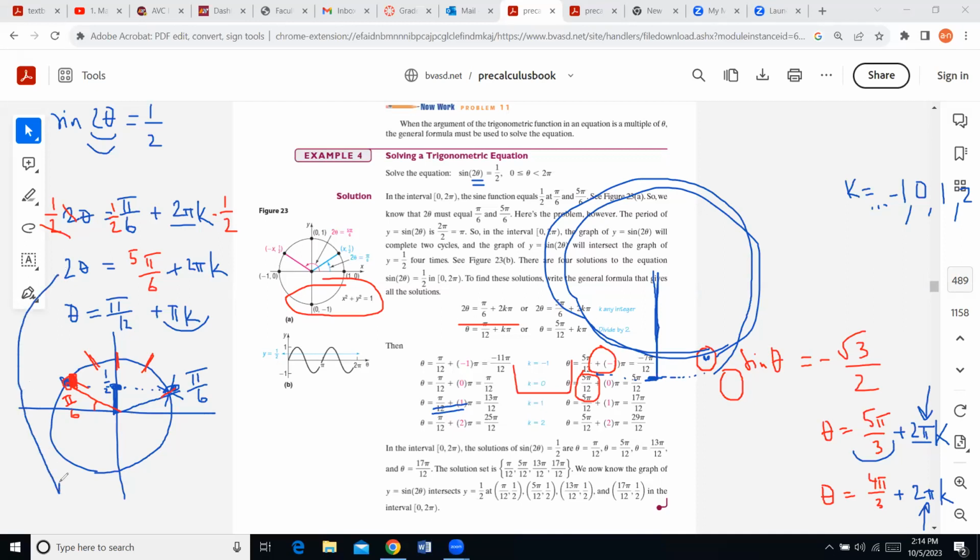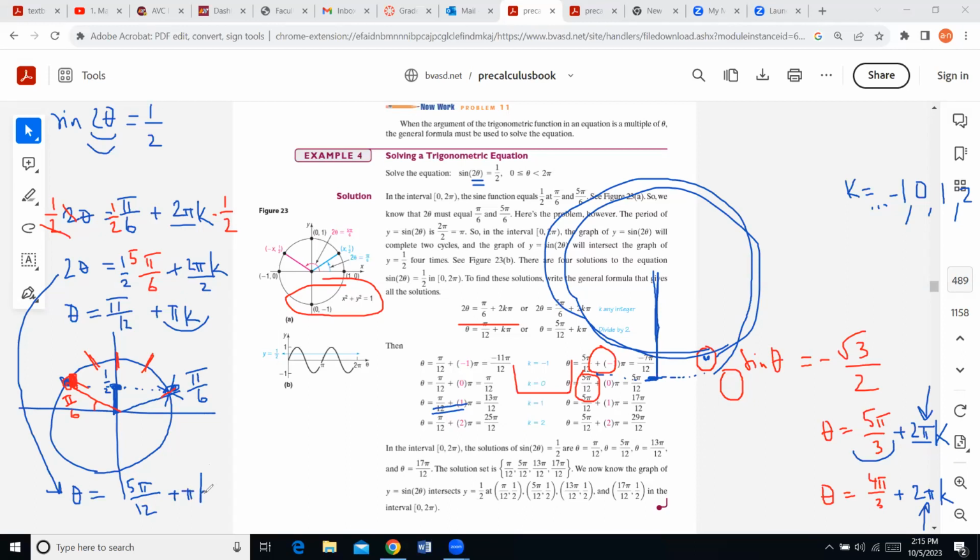That one, I'll also divide by 2, so I get a theta out, and when I take 2 and put it in denominator, notice if you divide by 2, it's convenient to just put that 2 in denominator, right? Or with fraction multiplied by half. So you're going to end up with 5 pi divided by 12, and also plus pi times k.